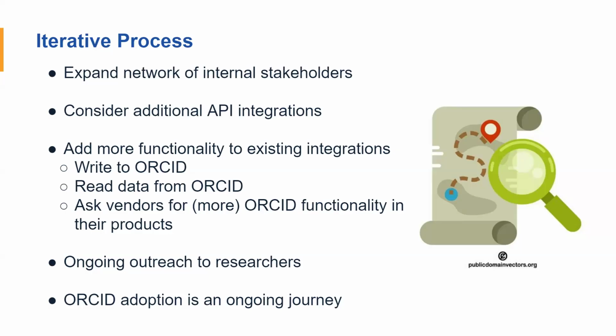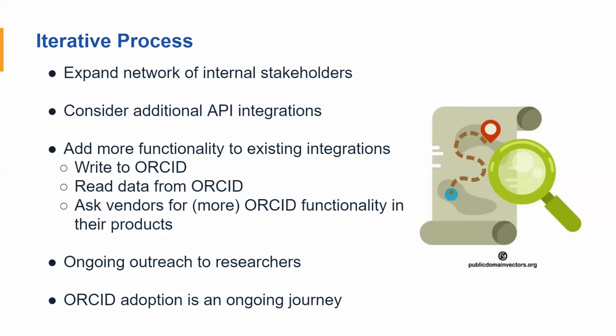And if you're using vendor systems, it's always a good idea to reach out to your vendor to ask them to support ORCID if they're not already, or if they already have ORCID integrated, it's likely they can expand that ORCID functionality in their products. And then, of course, outreach to researchers is always ongoing.